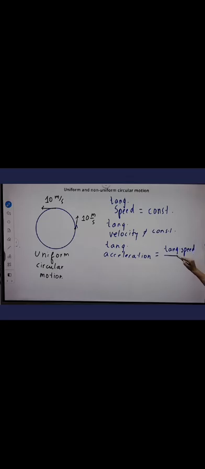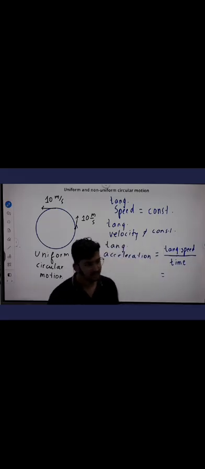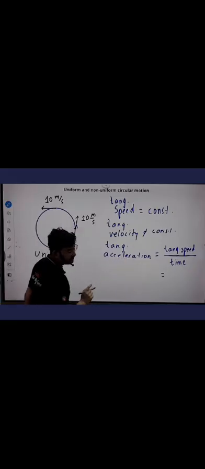It's defined in this way, it's tangential speed by time, so it's dv by dt, because if you take velocity, that is already accounted for by centripetal acceleration. So we are not taking direction here. We are just taking the speed.